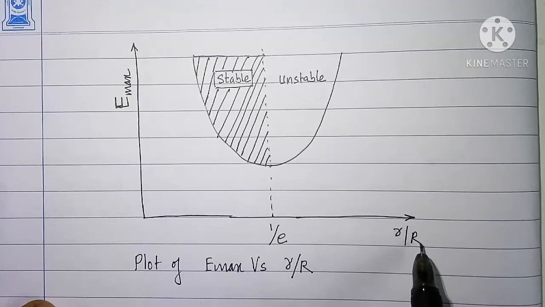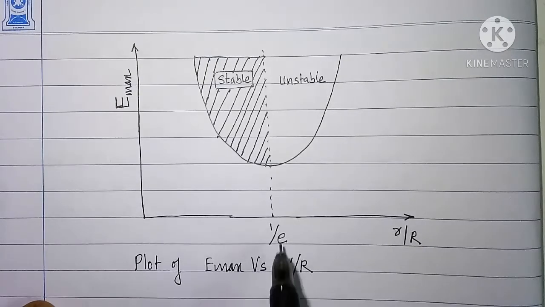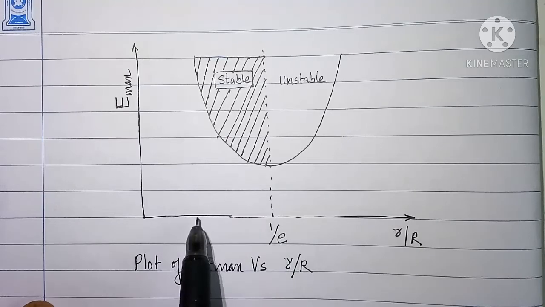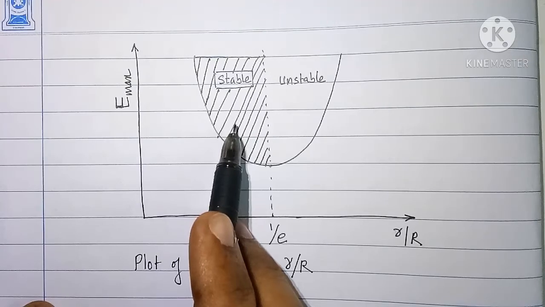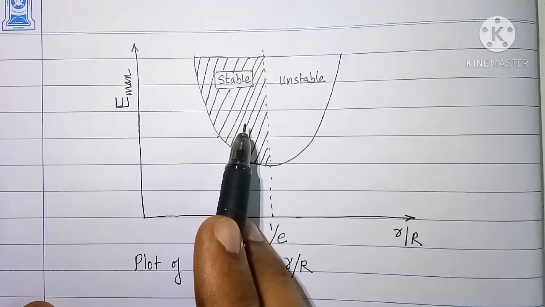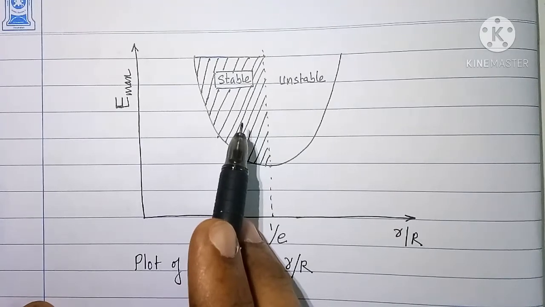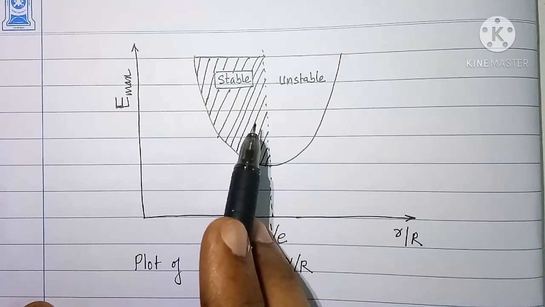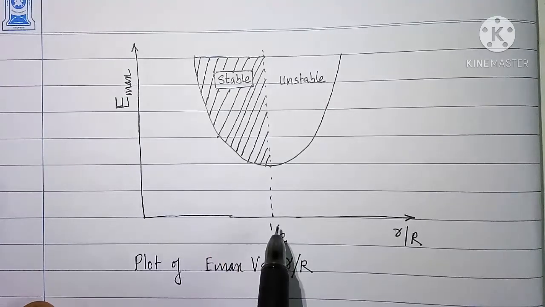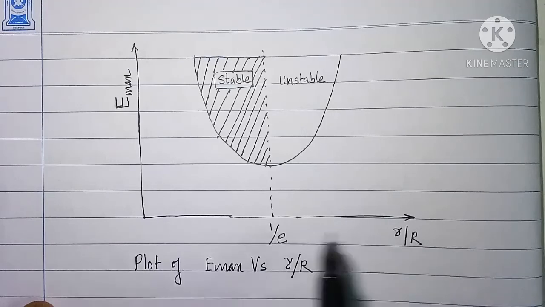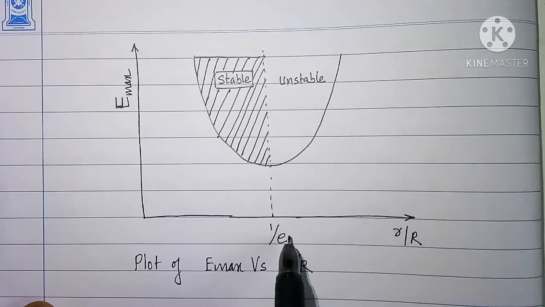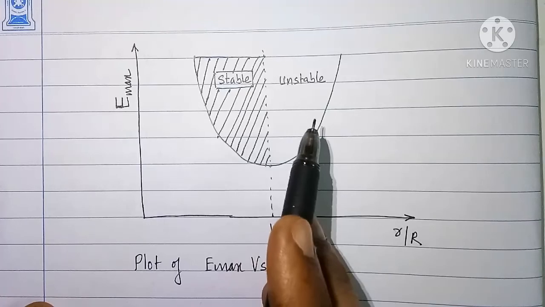For small r to capital R ratio less than 1 by e, that is before 1 by e, the insulation is stable. That means the insulator acts as per the design. And for the ratio small r to capital R more than 1 by e, the insulating material becomes unstable.